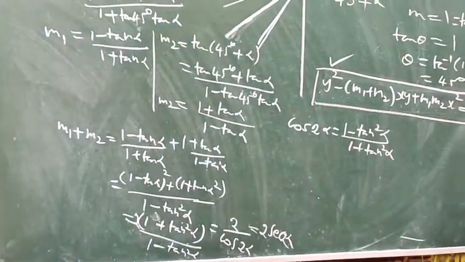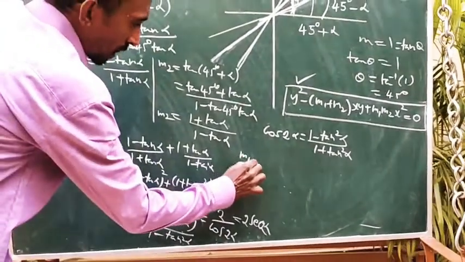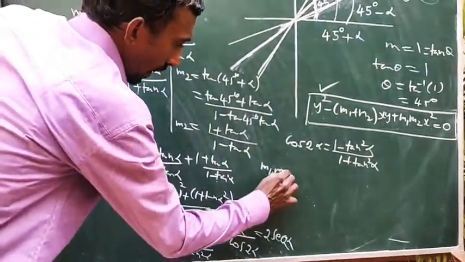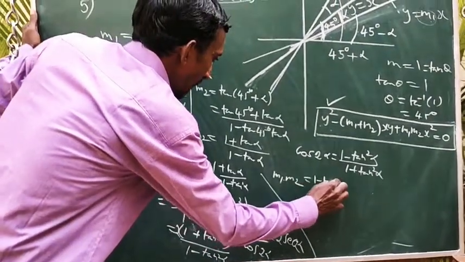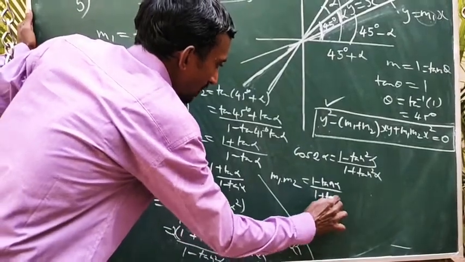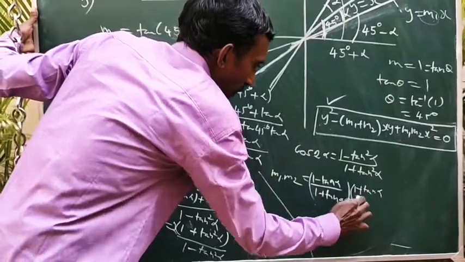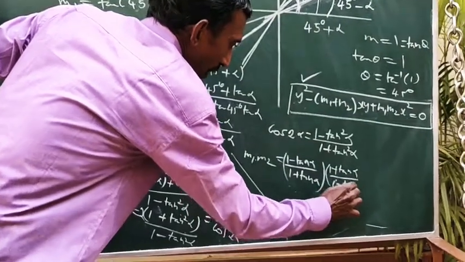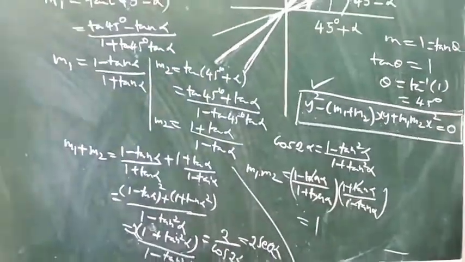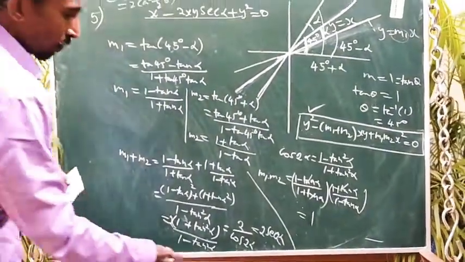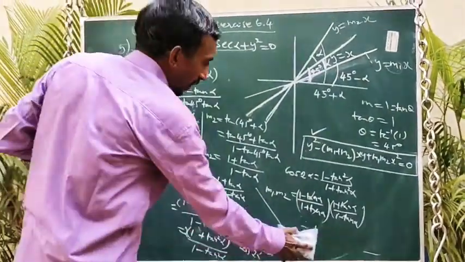So also find out the product of the slopes. So m1 into m2: (1 minus tan alpha) by (1 plus tan alpha) into (1 plus tan alpha) by (1 minus tan alpha). So cancel, we are getting 1. So the sum of the slopes we are obtaining is 2 secant 2 alpha, and the product of the slopes we are getting is 1.